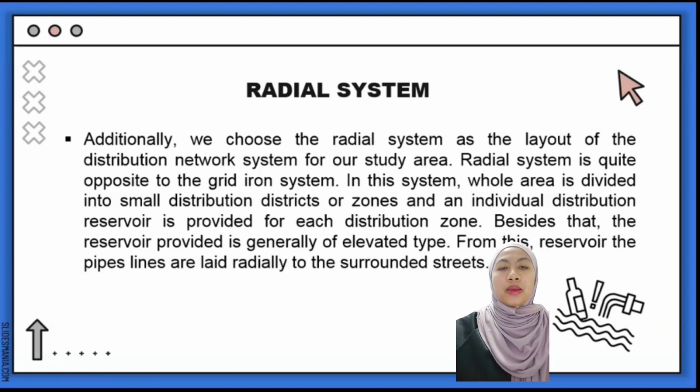Besides that, the reservoir provided is generally of elevated type. From this reservoir, the pipe lines are laid radially to the surrounding streets. All distribution reservoirs are connected with the main line which is passing through the center of the city.